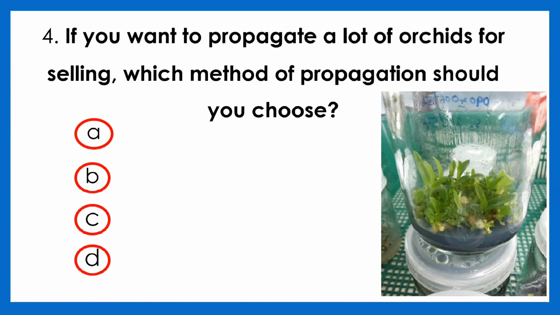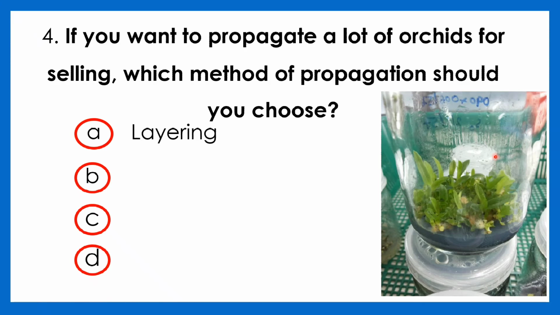Okay, let's have number 4. If you want to propagate a lot of orchids for selling, which method of propagation should you choose? So what kind of propagation is this? This one, we use technology.